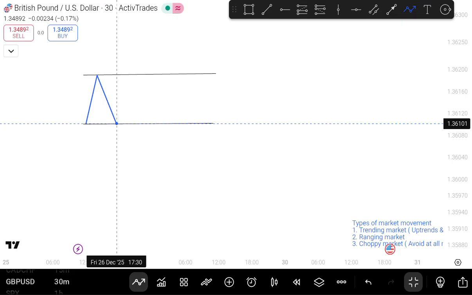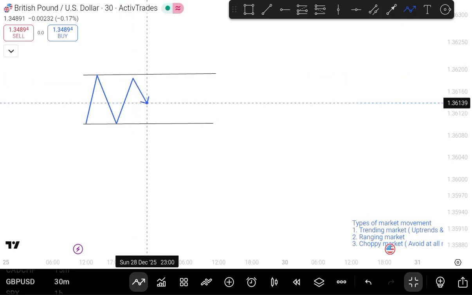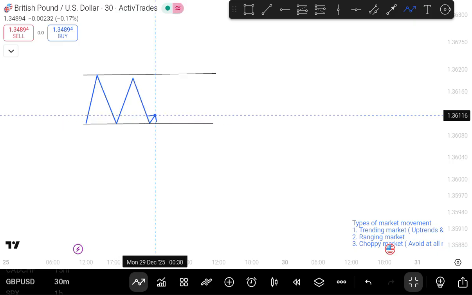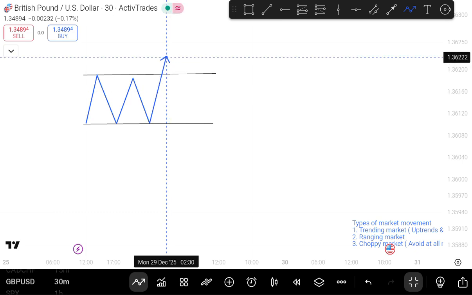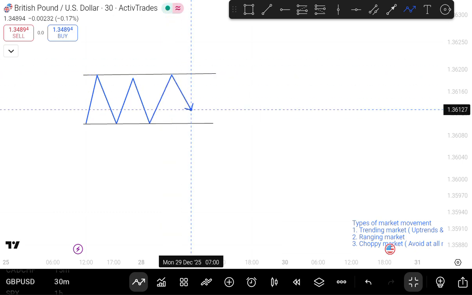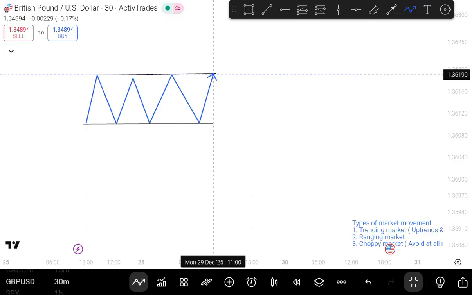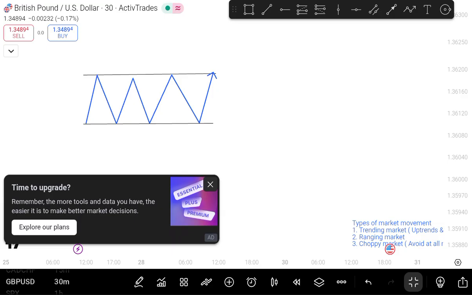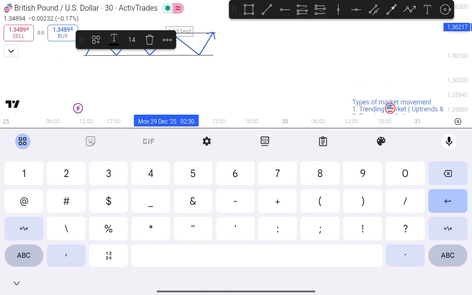You can see the market is bouncing on those ranges. So when you see a market in this way, it is a ranging market.